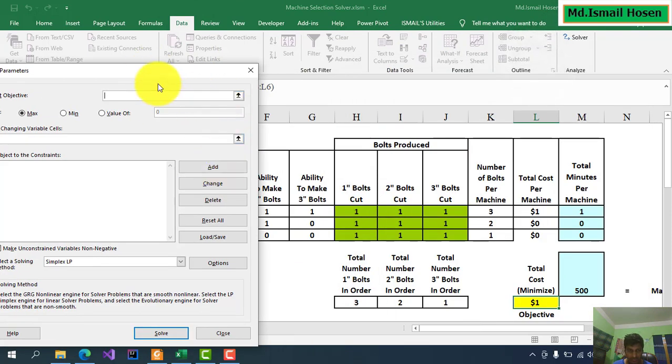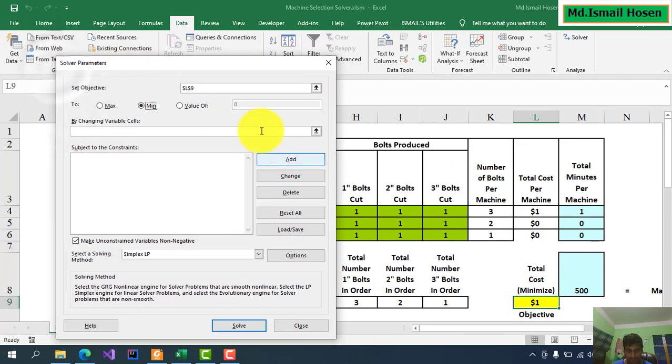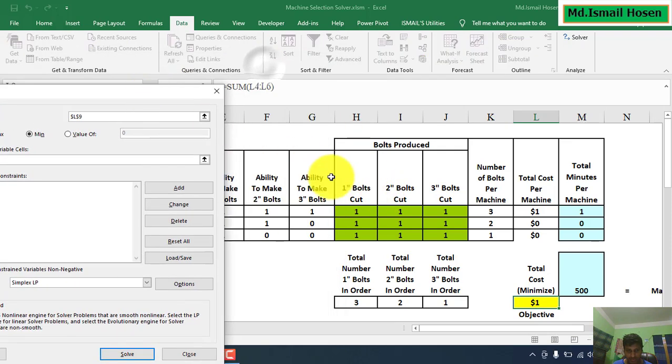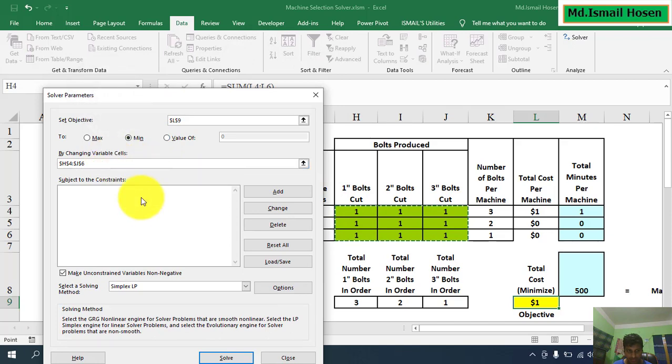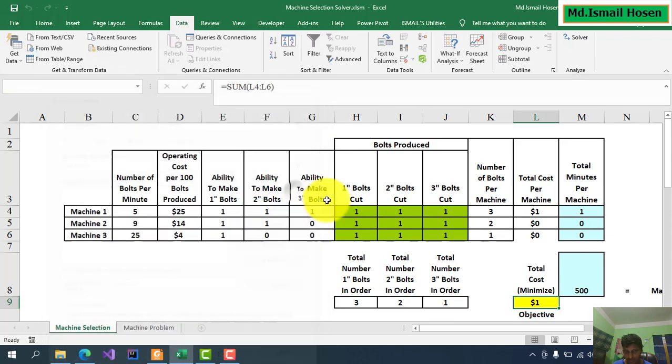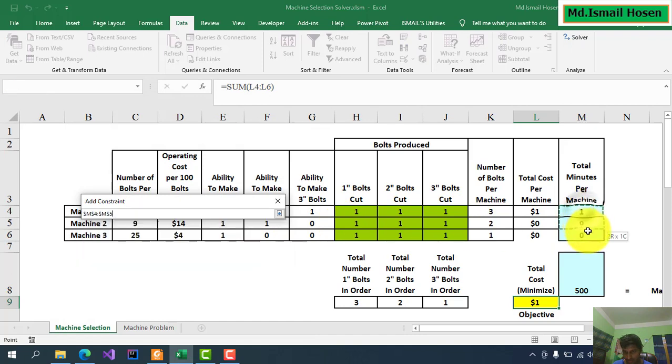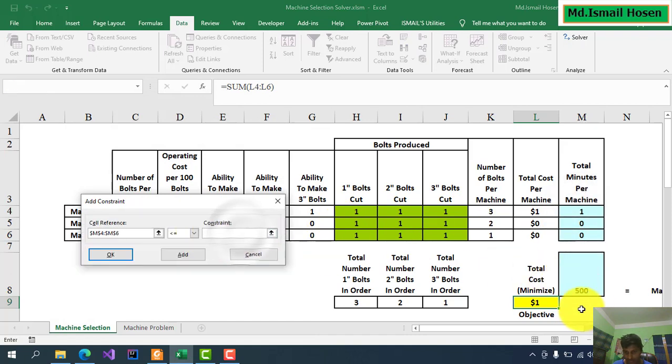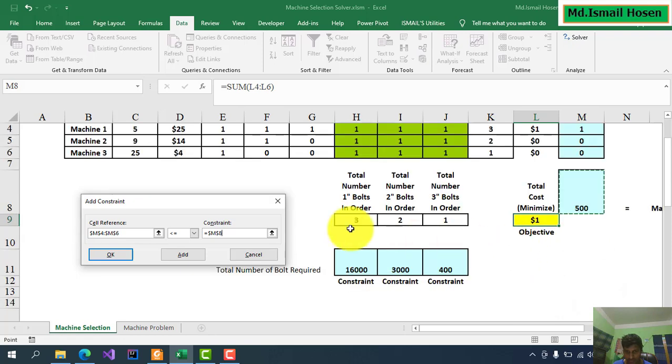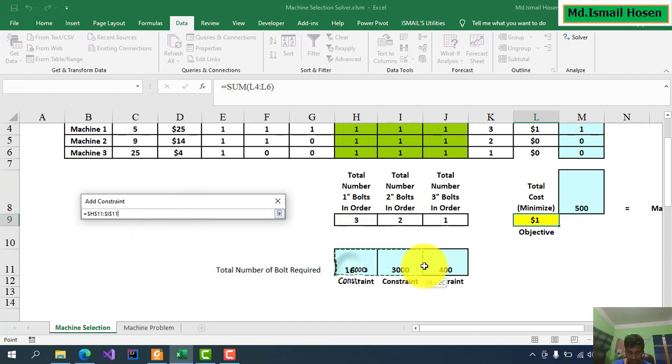Okay, so our objective function is this one. We need to minimize this, and we are going to change this number. So this is our variable cell, and the constraint is that this number, of course, needs to be less than or equal to this 500, because this is the maximum time we can run any machine, right? The next condition is that this number needs to equal this number.